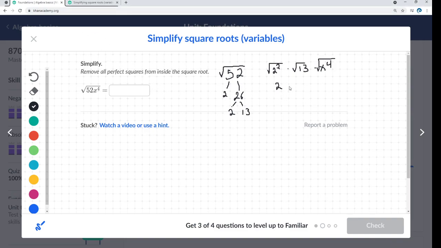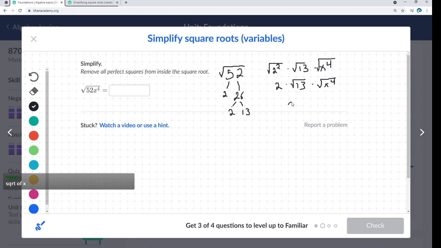Okay. So that's 2 times square root of 13 times square root of x to the 4th. But I don't remember how they resolve that.